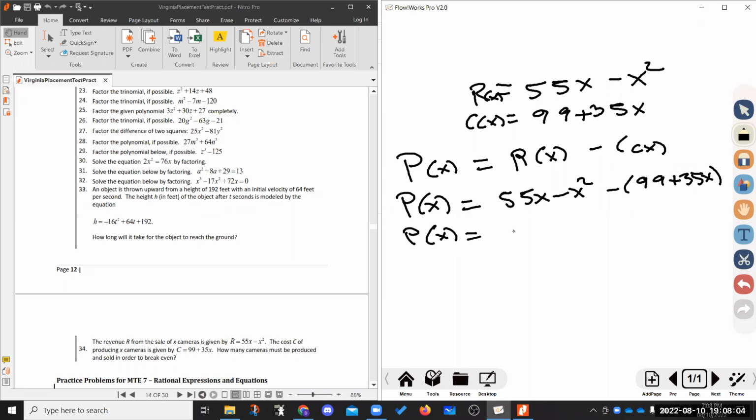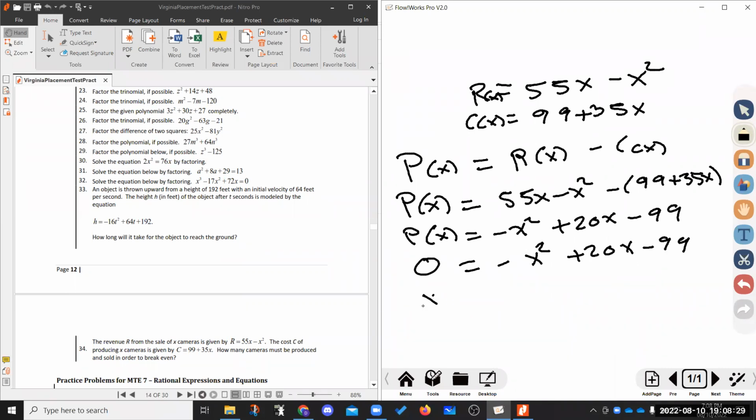Capital P of x is going to be negative x squared plus 20x minus 99. So we want to set profit equal to 0 when we're going to break even. This is the same thing as if I bring everything over to the other side of the equation.